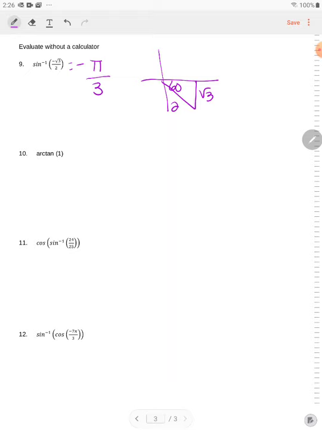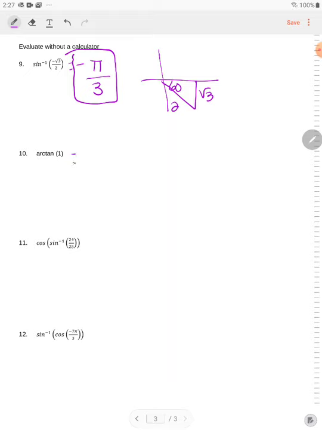And if you want to, you could double check it on your graphing calculator. I'm in radians, which should be fine. So let's see. Second sine inverse of negative root 3 divided by 2. And if I do pi over 3, we get the same answer. It should be negative pi over 3.